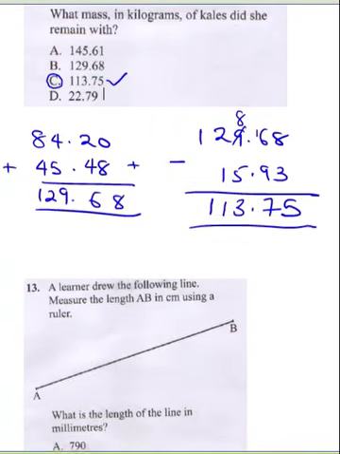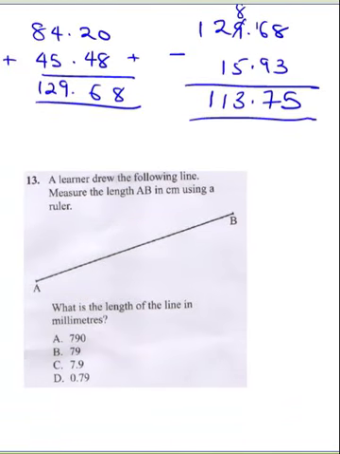Okay. So question 13 says, Lena drew the following line. Measure the length AB in cm using a ruler. So please, you need to use your ruler to measure this line, and the question says what is the length of the line in millimeters.